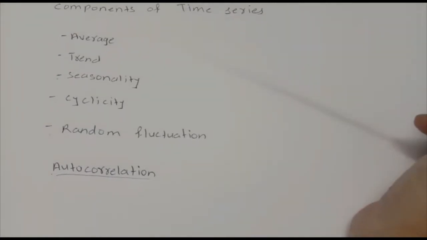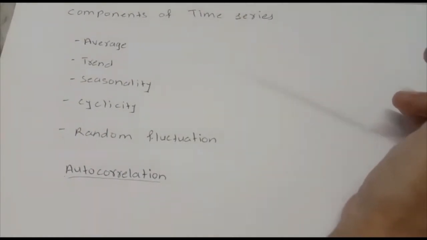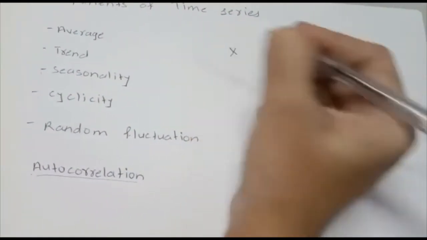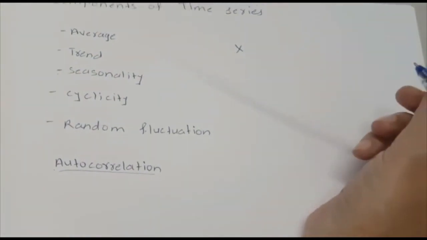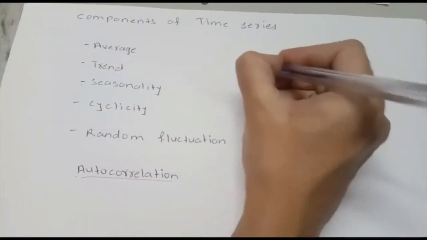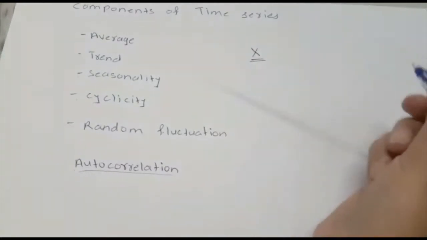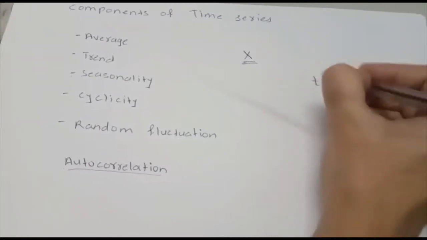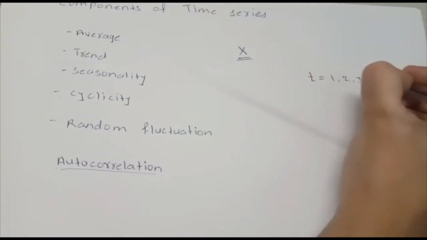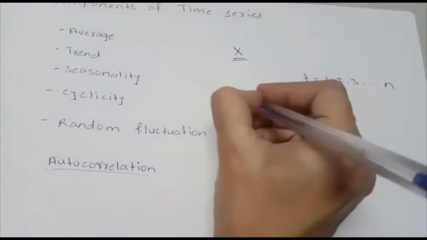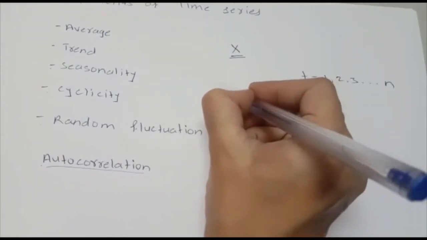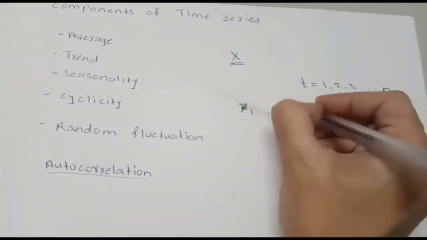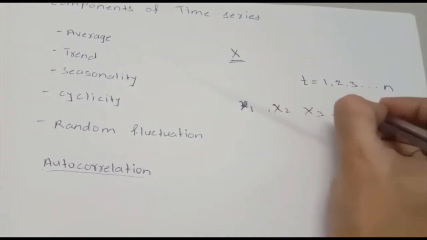So what happens in time series? In time series, we are going to consider one variable x, and we are going to take values of this variable at different time periods. For example, we have t as time, so the value of t will be 1, 2, 3, likewise up to n. Now the values of x will be x1, x2, x3, likewise xn.